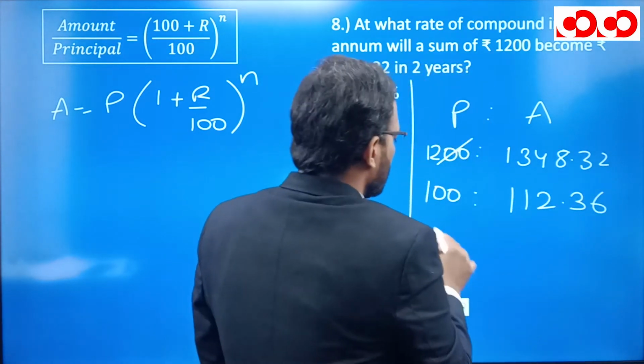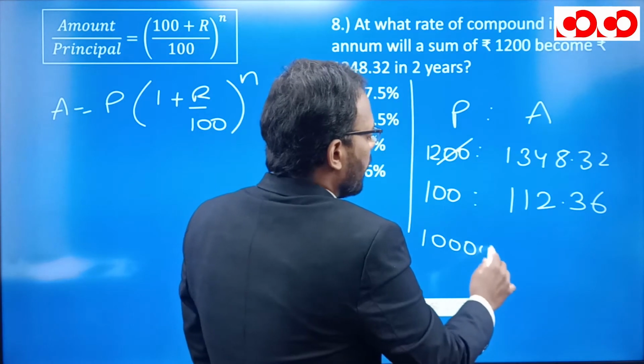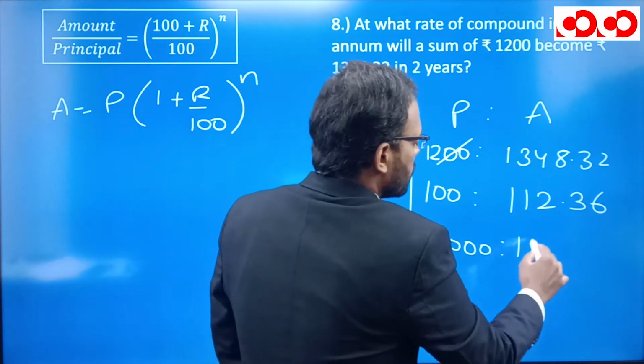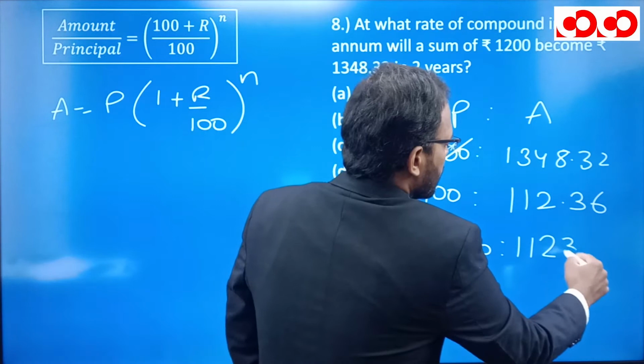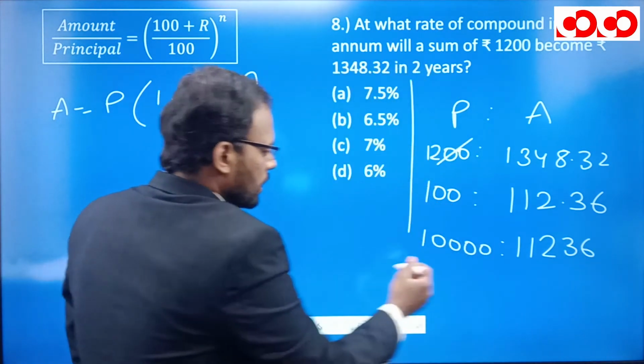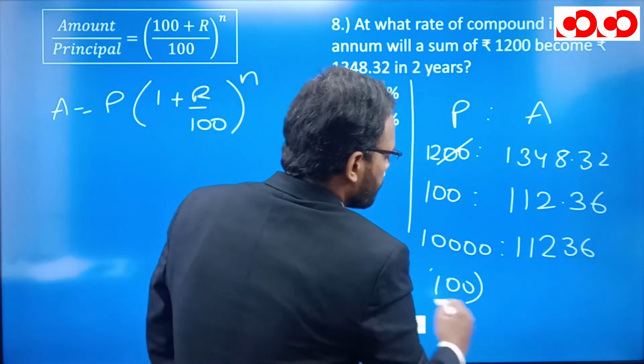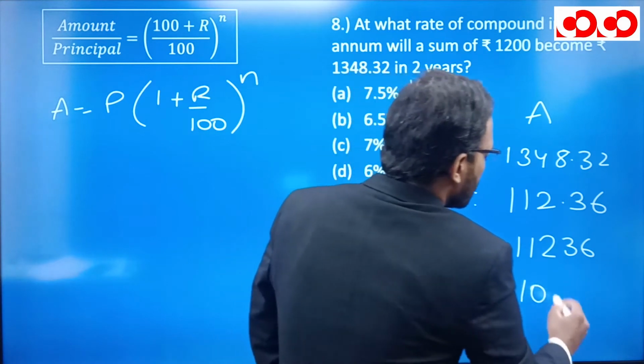Now we can express this over 10,000. If I multiply 100 and 100 over here, this will become 11236, which is nothing but this is 100 square and this is 106 square.